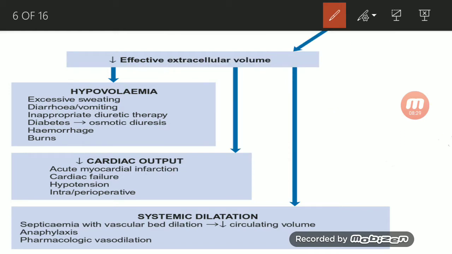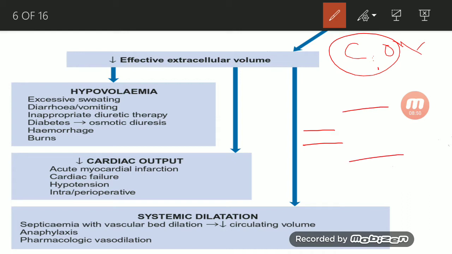And lastly, there is systemic dilatation. Now in this case, your cardiac output and blood volume do not change, so your blood volume remains the same. The only change that occurs is, see, if this was your normal blood vessel, in case of systemic dilatation, the blood vessels throughout your body are going to dilate. This was a normal blood vessel, but after systemic dilatation, the size of your blood vessel is going to increase.